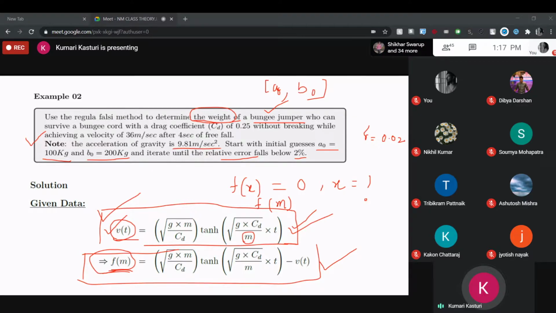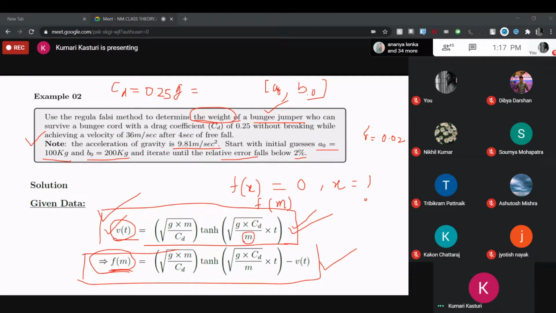It is also given in the question. Then write down cd. It is also given to you, 0.25. Please write down the values because you have to put each value there: cd, g, delta, A0, B0.